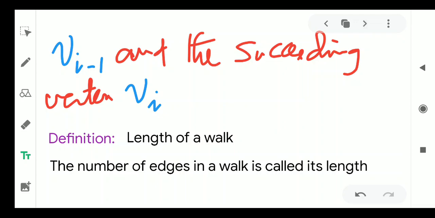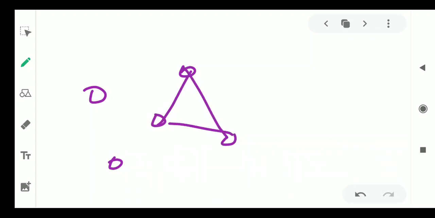I'll give you an example. Before that, let me define what we mean by length of a walk. The number of edges in a walk is called length. Okay, so let's have a graph first. Very simple graph I'm taking. This is my graph.